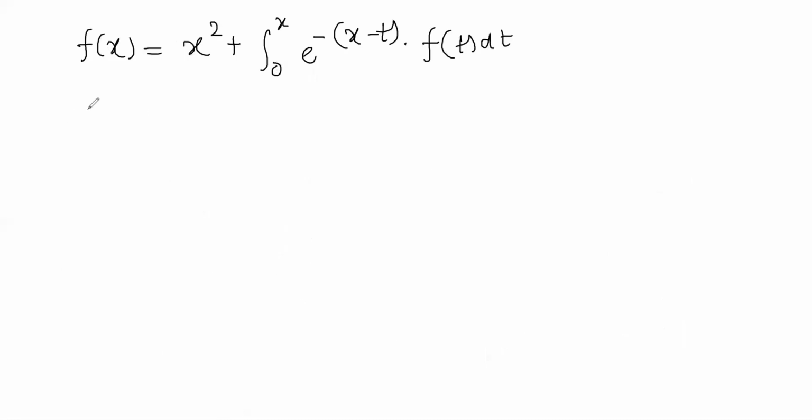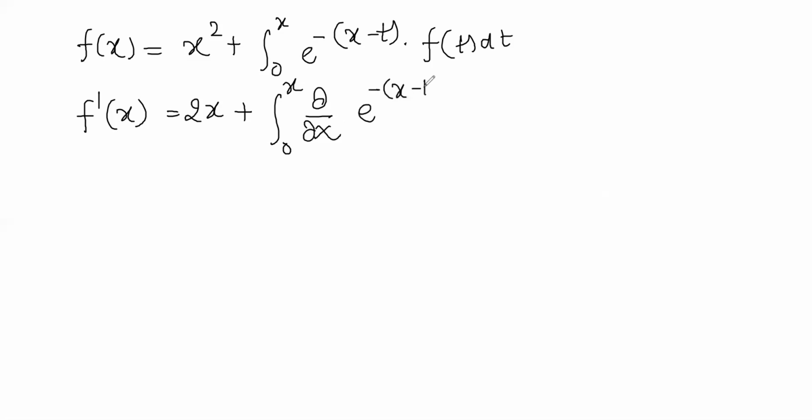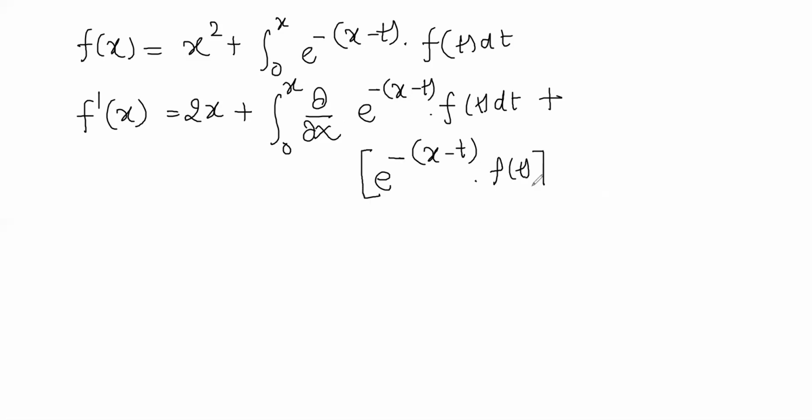I can think of differentiating this. I'll be going step by step, so please stay with me. f dash x will be equal to, the derivative of x square is 2x, plus, here I'll be writing the term just because I'm doing it for the first time, del by del x of e power minus of x minus t, and then f of t dt, then plus e power minus of x minus t into f of t at t equals x, my upper limit, and the derivative of x is 1, and minus the lower limit term, e power minus of x minus t, and then f of t at t equals 0, and the derivative of 0 is 0.